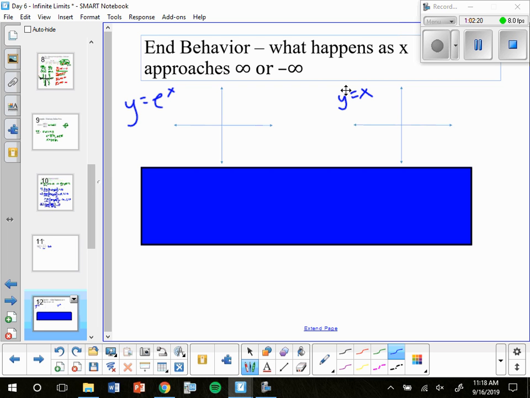It's always positive, but it starts out growing slowly, and then it grows faster and faster and faster. There's y equals e to the x. What does y equals x look like? It's just a line. What kind of line? Linear, with the slope of 1. Slope of 1 goes through what? 0, the point of origin. 1, 2, 3, 4. Yes. So y equals x.